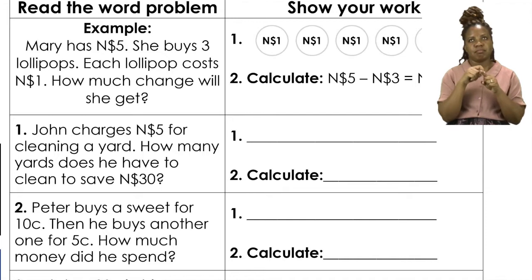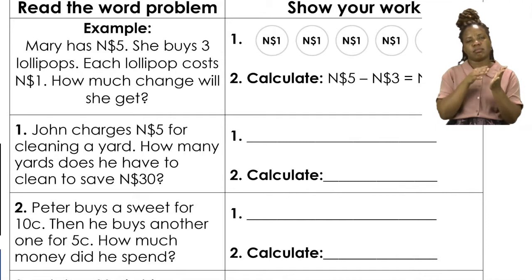Remember, Mary has 5 Namibian dollars and she only bought 3 lollipops. That is why we have 3 Namibian dollars, because each lollipop costs $1. So we say 5 Namibian dollars minus 3 Namibian dollars will give us 2 Namibian dollars.